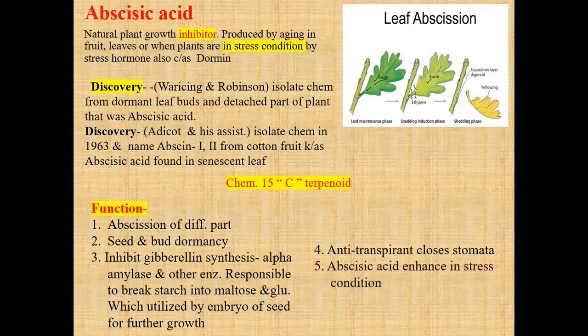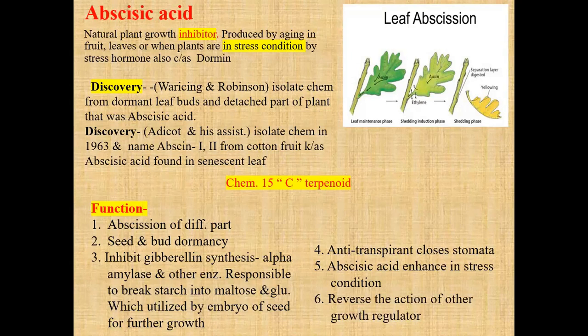Next, abscisic acid increases in stress conditions, that is, conditions not favorable for the growth of the plant, where the plant cannot survive. In this case the concentration of abscisic acid is higher.